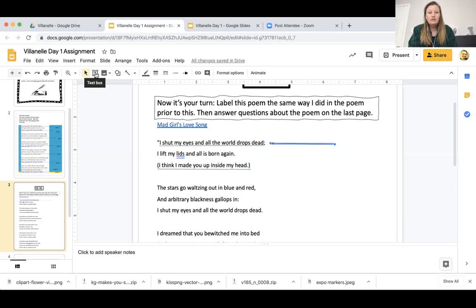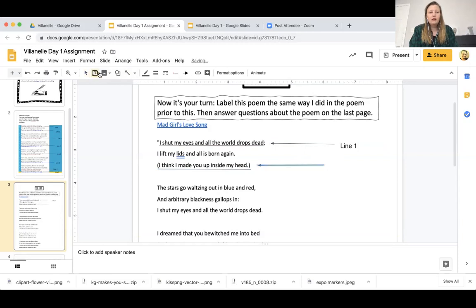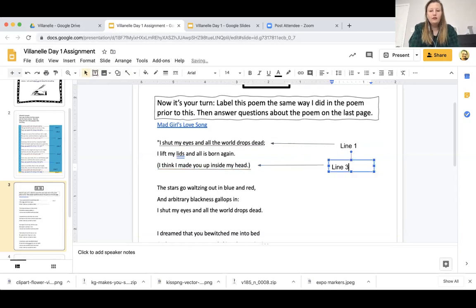And then you click text box, line 1, okay? You do the same thing, you go to arrow, text box, line 3, okay? And then as those lines repeat themselves throughout the poem, I just want you to underline and label them by underlining the line and then labeling it with the line number.